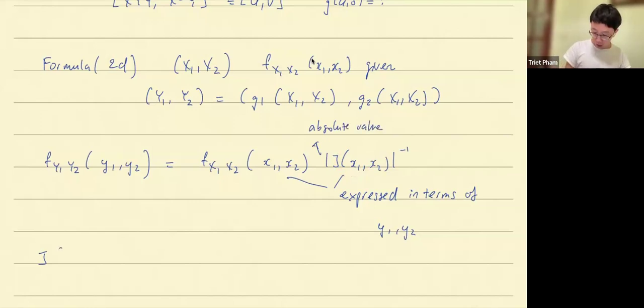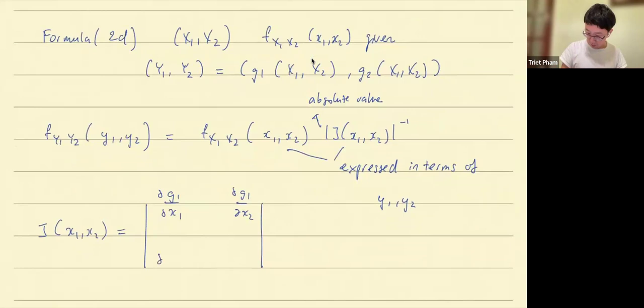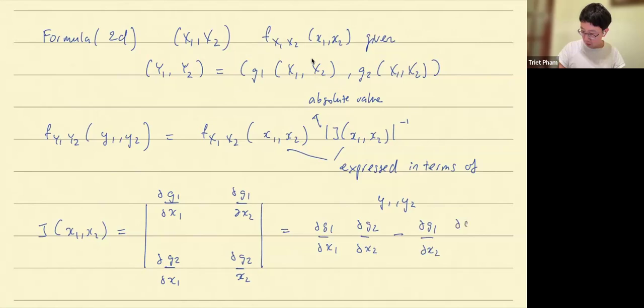So the notation will be the determinant of the Jacobian that you have seen in Calc 3: partial G1 over partial X1, partial G2 over partial X2, partial G1 over partial X2, partial G2 over partial X1.